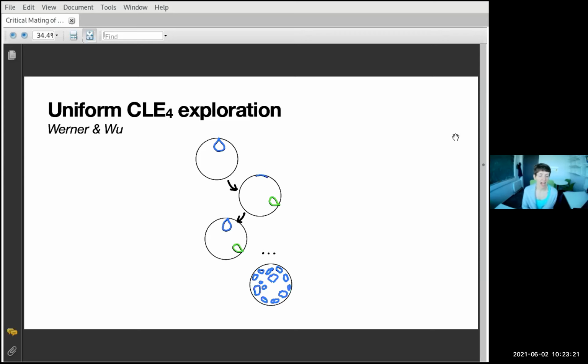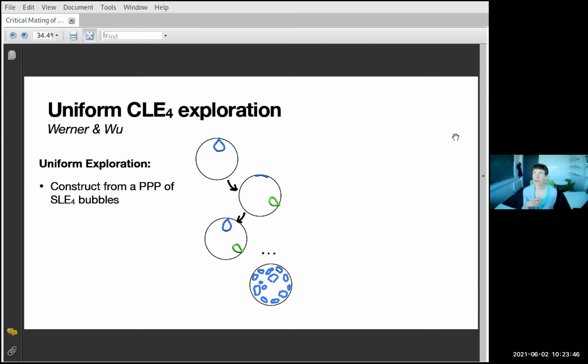And when you do this, in the end, the images of the bubbles that you added in, after this conformal adding-in procedure, will be the CLE4 loops. So to be more precise, what do I mean by conformally adding in, and why is this a uniform exploration? Well, basically, this adding-in procedure goes as follows.